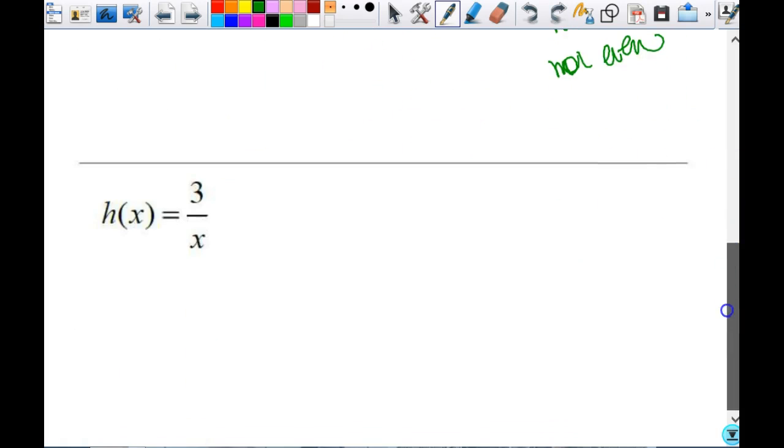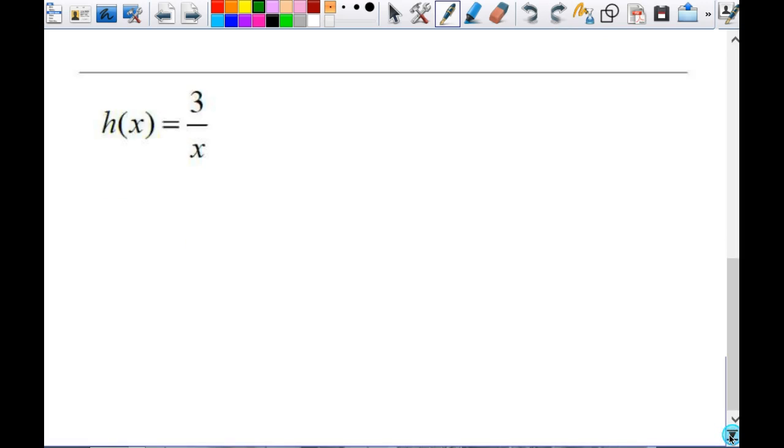All right. So the last one. Pause it. Think through it yourself. Then start it back up. Okay, so I've got to find h of negative x. That's equal to 3 over negative x. Can't really simplify that anymore, so I look at this. This is not the same as h of x, so I know it's not even. So then I find h of negative x.